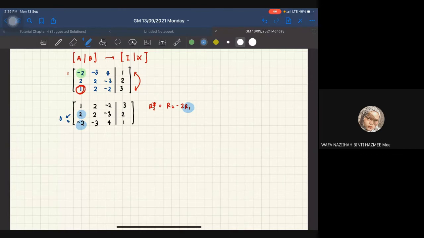So you just remember untuk awak punya proses of your row operations, kita akan tambah ataupun tolak dengan row yang fixed. So in this case, our fixed row is this one. Okay, this is row 1. So that's why awak guna row 1 kat sini. Itu cara mudah nak ingat dia. Okay, so saya padam ni.